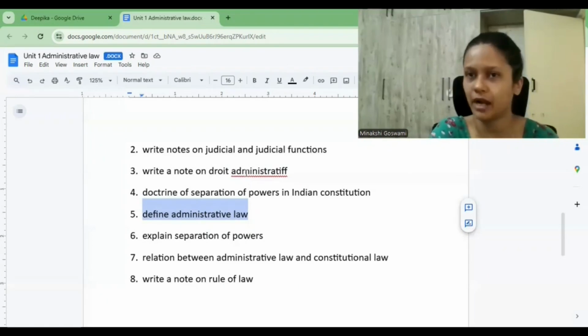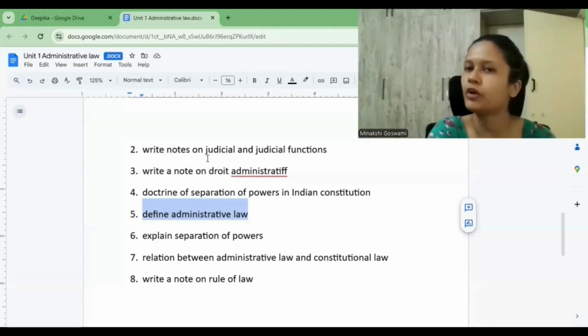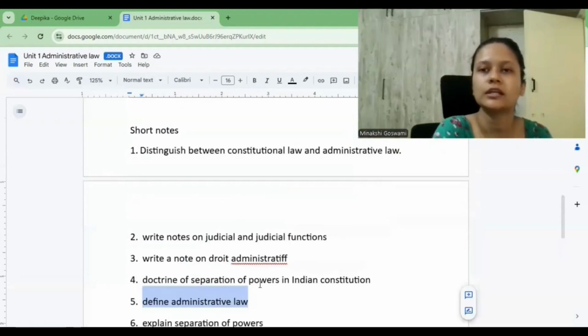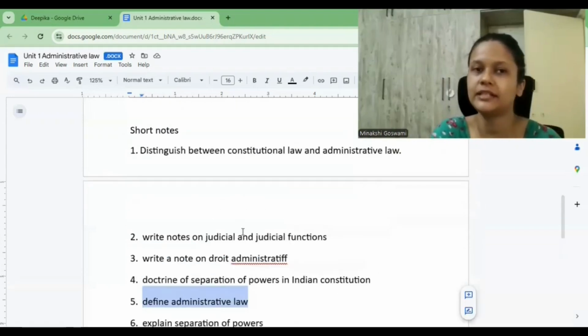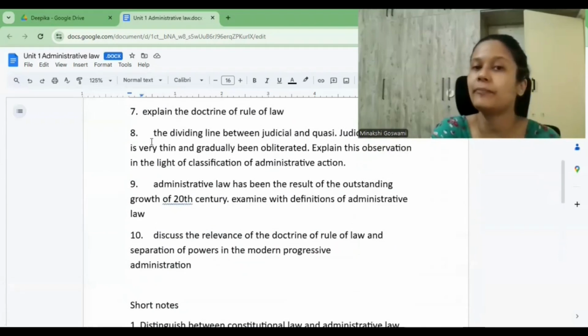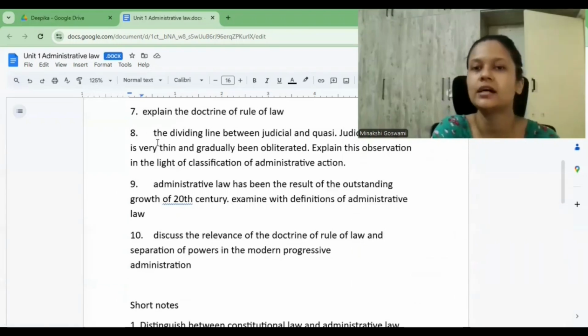If it is a 16 marks question that you get, maximum marks is 16. Whatever topic you are preparing, prepare it for 16 marks, because even though earlier these questions were asked as a short note, it could happen that this year these questions are asked as a long answer. So always prepare it for the maximum mark that is applicable for your question paper pattern.